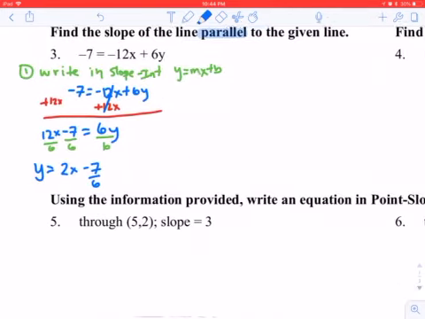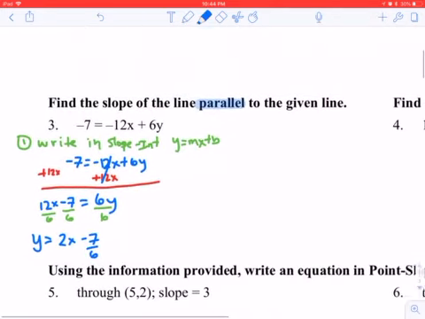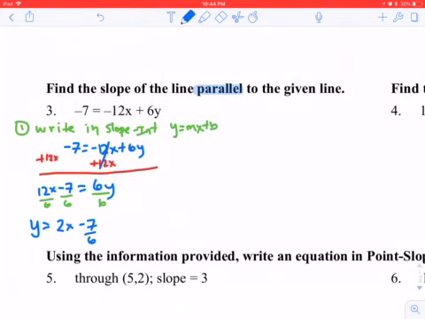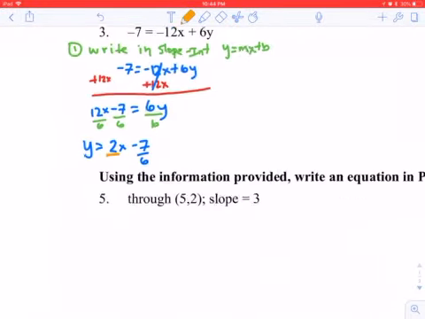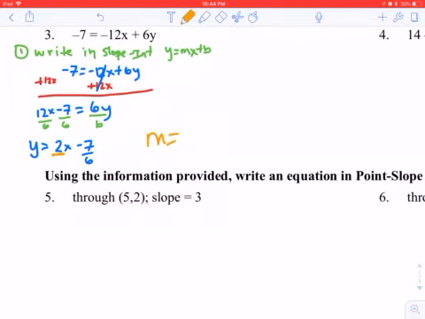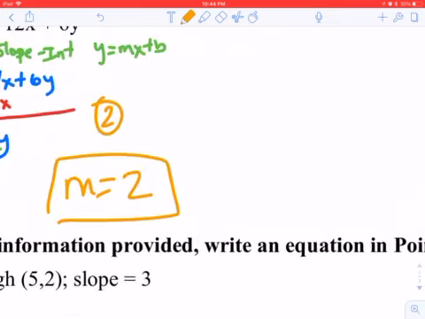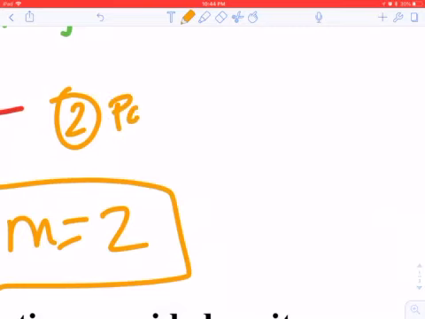So here, we want to find the slope parallel to the line. So remember, parallel means same slope. So then our parallel slope is going to be also 2. So remember, that's their second step. Parallel means same slope.